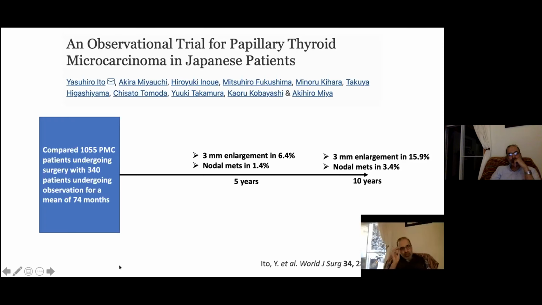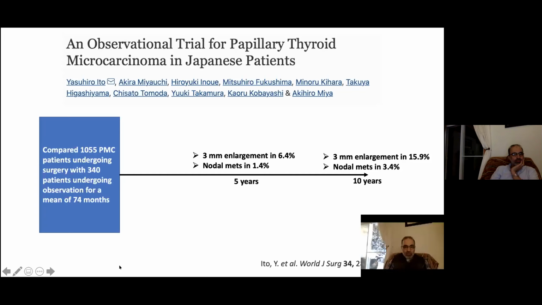And they had around 340 patients who they decided just to observe, and they followed them for a mean of 74 months.